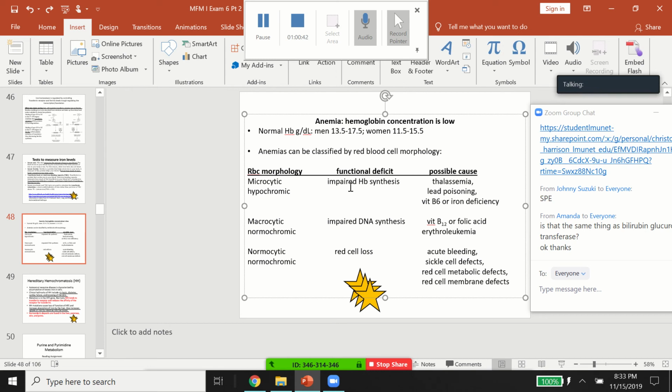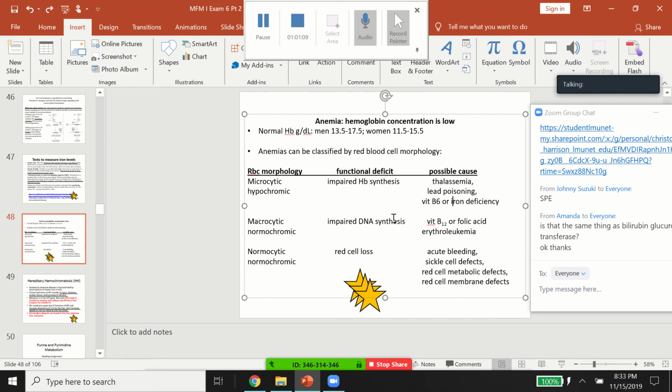Now, what they would more than likely do on the exam is describe RBCs as being microcytic hyperchromic or microcytic normochromic, whatever, right? From there, it'd be more like a second-order type thing. So you know it must be either lead poisoning, vitamin B6, or iron deficiency. It couldn't be any of these other things. Another very common one they like to ask about on this exam is vitamin B12 or folic acid.